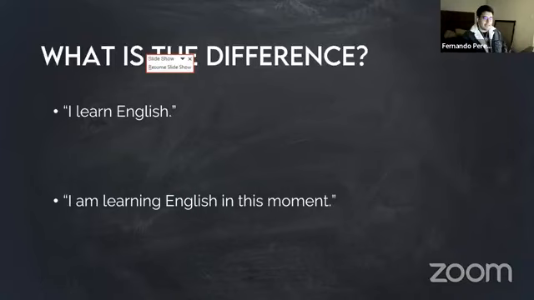Actually, let's eliminate one in this moment. Let's say only I am learning English. The two ideas are present. The two ideas happen in this moment. But what is the difference?